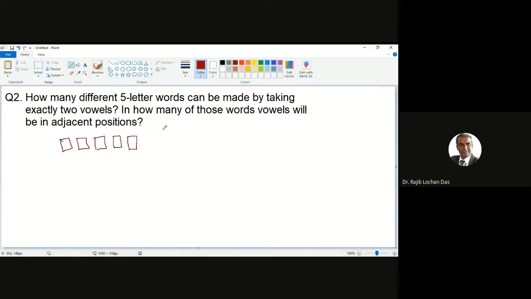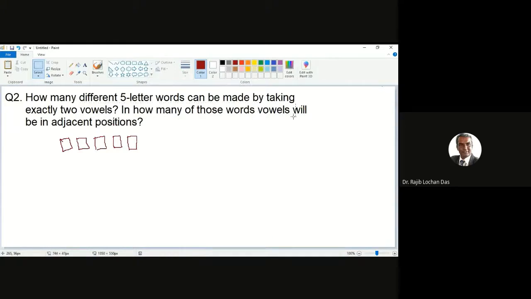So exactly two vowels. Okay, exactly two vowels. Let me write another word here. Otherwise, there may be a confusion.